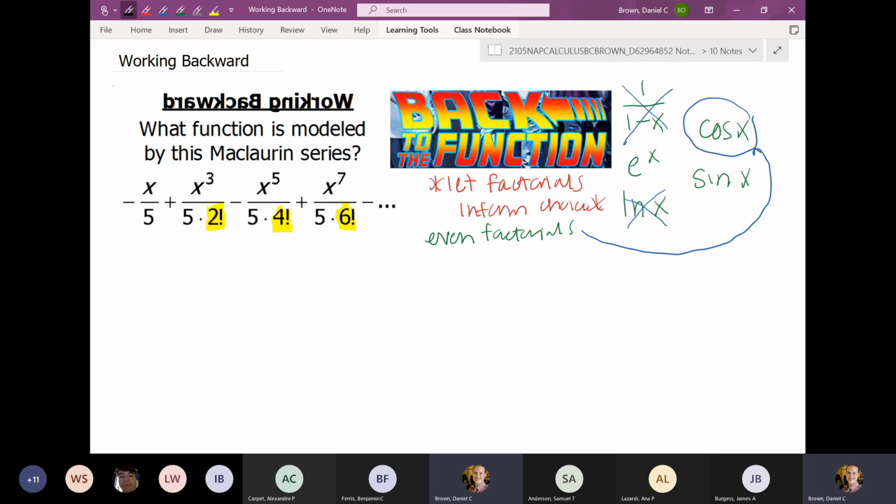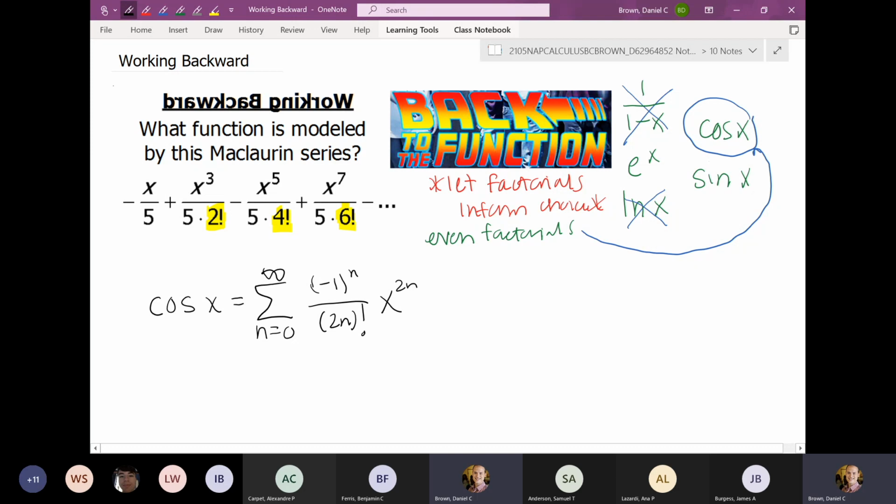So since we're choosing cosine, I'm going to go ahead and write down what cosine is equal to. We know that cosine of x is equal to, and again, you will memorize this eventually if you haven't already, an alternating series. It has the even factorials in the denominator, and then x is raised to the even powers as well.